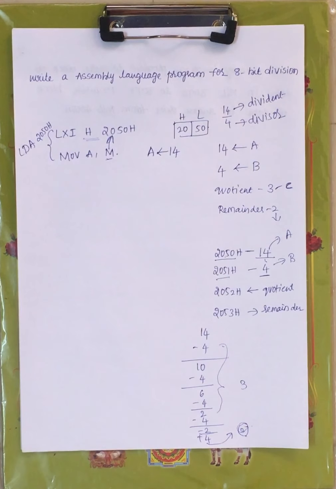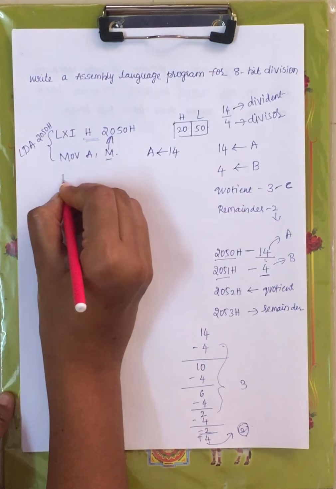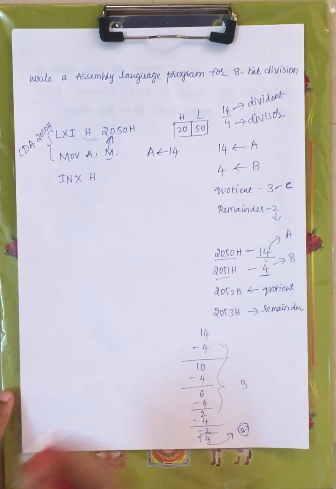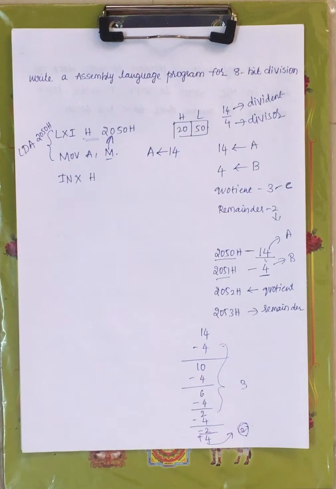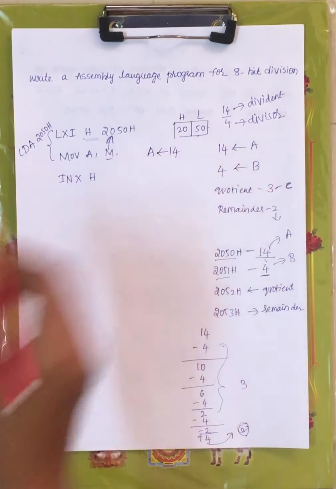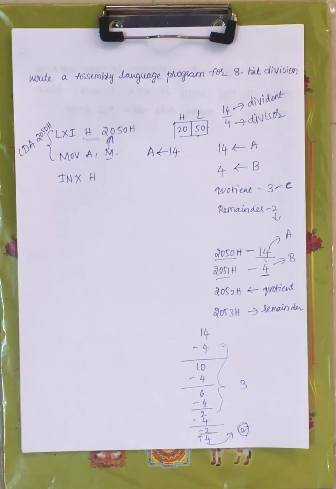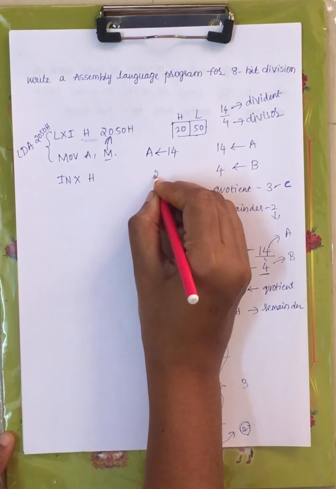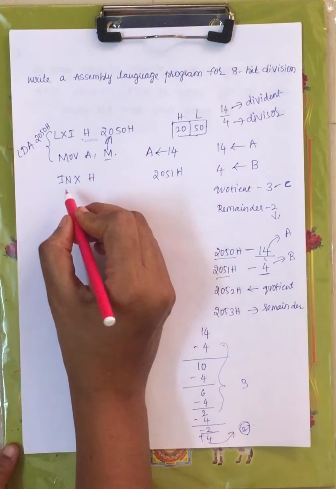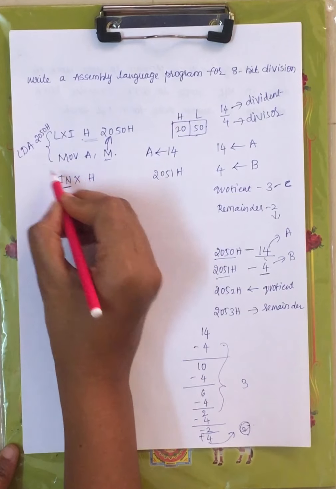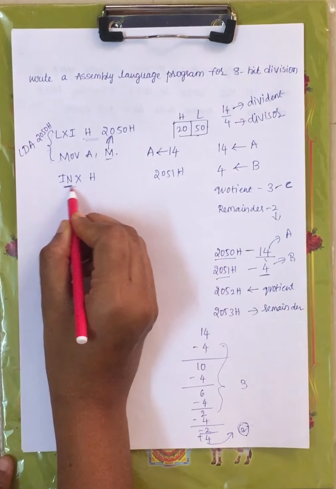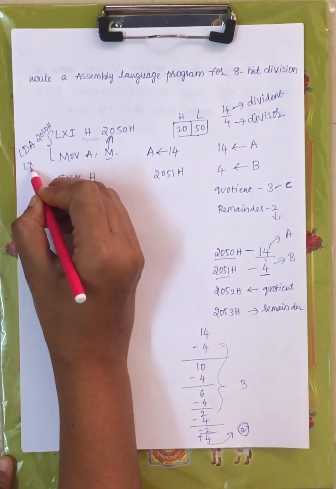And next, what do we have? We are incrementing, INX H. We are incrementing the memory location. What is H? H is stored with memory location 2050H. We are incrementing it. Now what is the value? 2051H. For this purpose only we are using these two instructions, because the single instruction can't be followed by this.